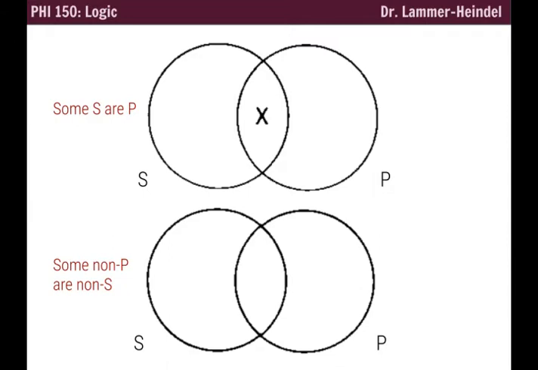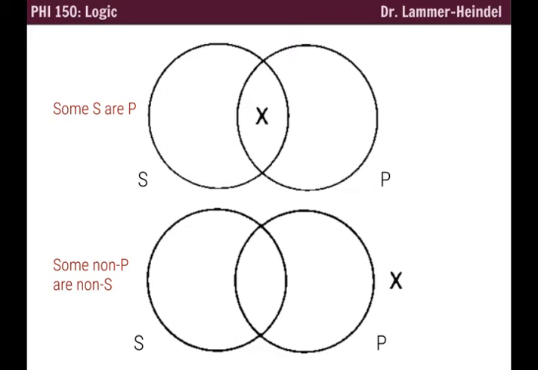And we have to indicate that at least one of those things is a non-S. So in other words, that it's also outside of the S category. What that means is I can put my X or my asterisk anywhere outside of the diagram. Doesn't matter where exactly. I've put it right here, but you could have put it somewhere else, as long as it's outside of the circles.